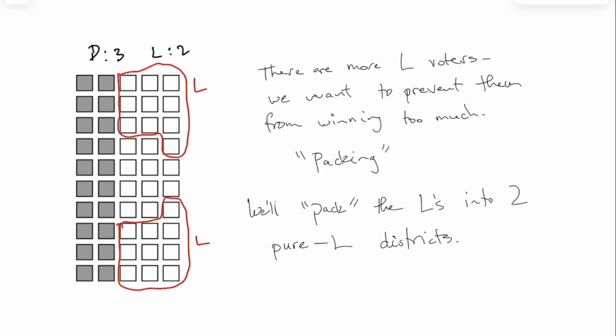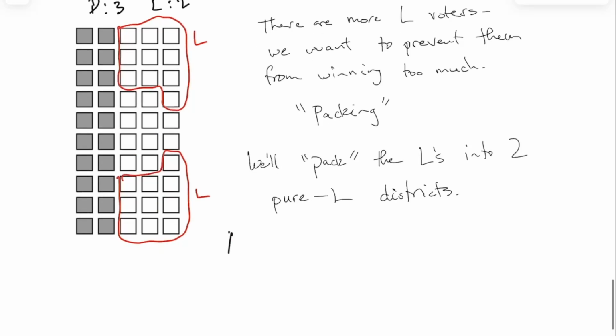All right. Pack the L's into two pure L districts, and then you should be able to draw regions for what remains so that the D's can win the others.